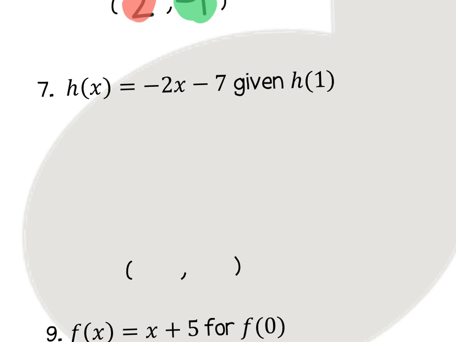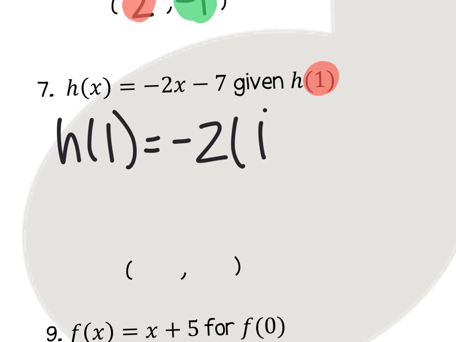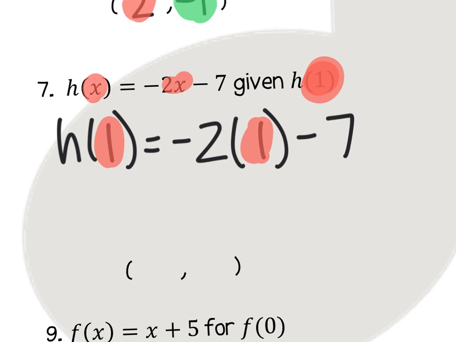Problem 7, similar problem. So they tell me that x is 1. If we rewrite it, we get h of 1 equals negative 2. Instead of x, I'm going to put a 1 in parentheses minus 7. I'm replacing all of my x's in this case with a 1 because that's what they told me x was.